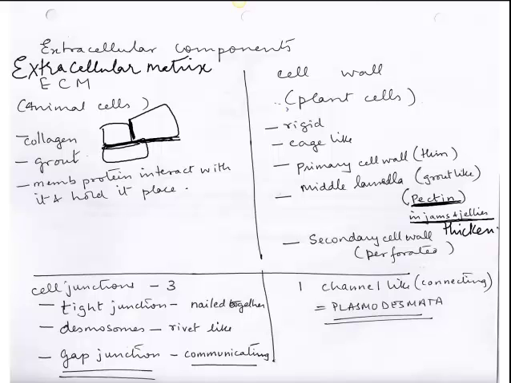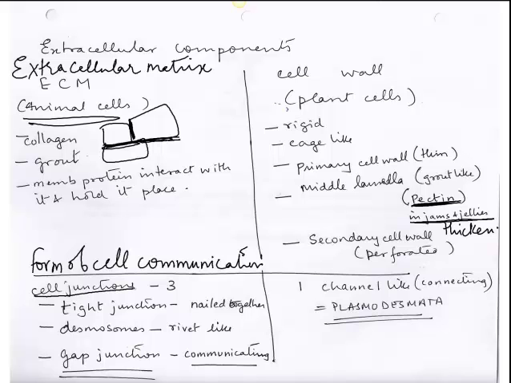Then you move on to certain forms of cellular communication. Okay, these in animal cells, again, you have three types of cell junctions. One is the tight junction, which is like nailed together.